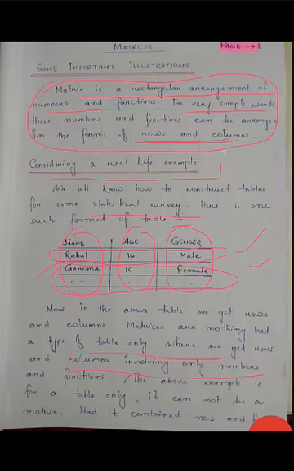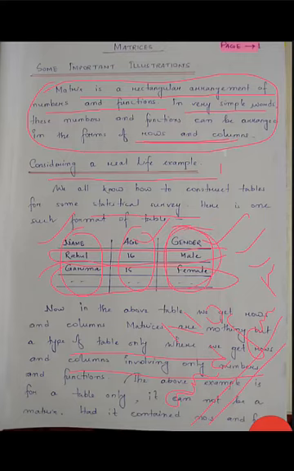Where lies the point of difference? In case of a matrix, we shall be getting only numbers, and wherever necessary there can be functions. But in case of a table, there may be names of persons, age, gender, which are not particularly numbers.